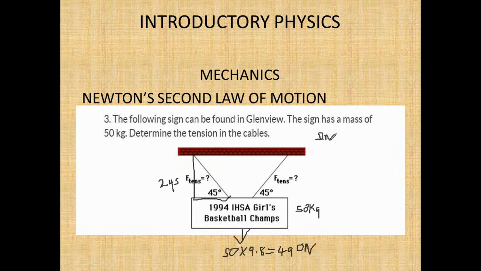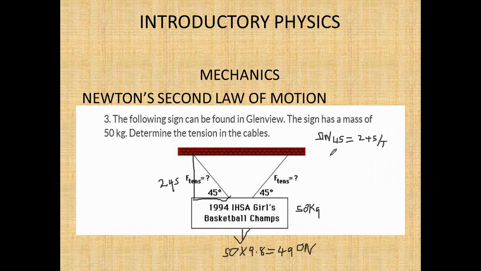Sine of the angle is the opposite side. So sine of 45 is equal to the opposite side, which is 245, over the hypotenuse, which is the tension.